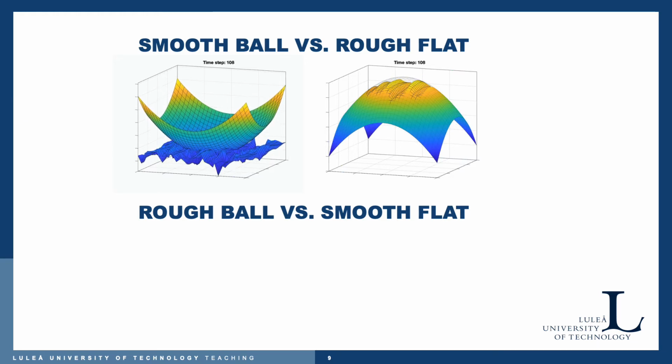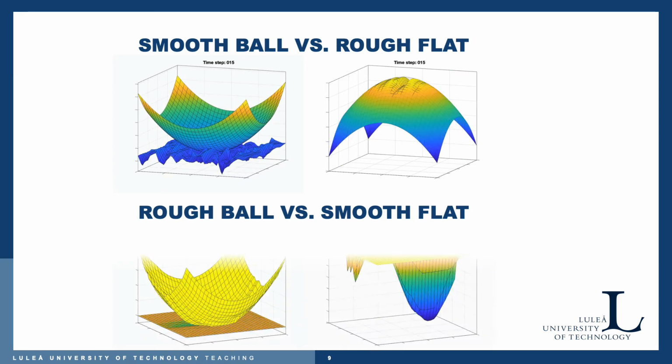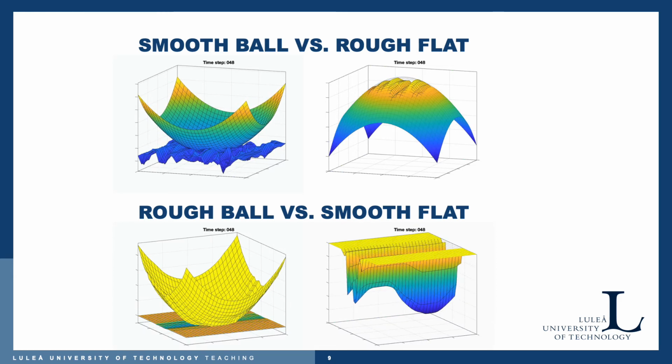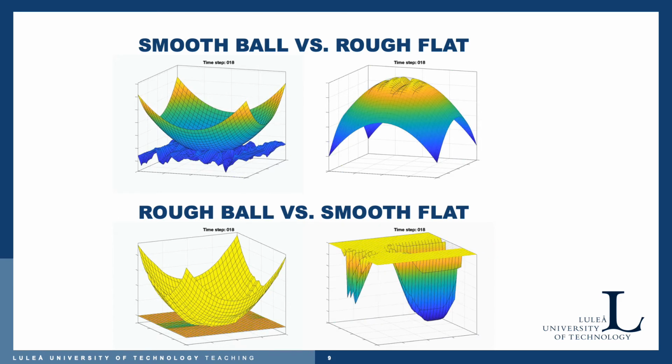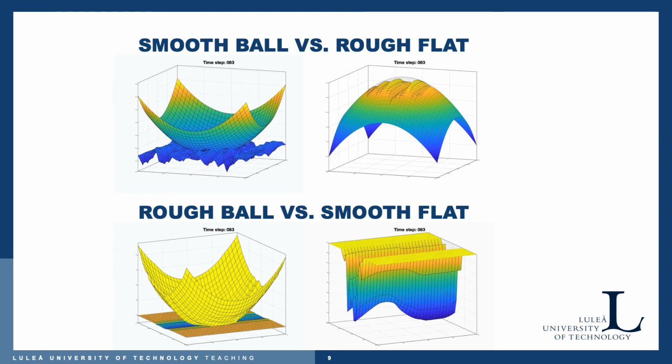If we do this for a smooth ball versus a rough, nominally flat, hard surface that we revolve in this manner periodically, and also we can have, as below, a rough ball against a smooth flat, then on the left we see the rough ball as it generates a deeper and deeper groove in the flat surface, and on the bottom right we see how this wear depth is actually increasing with the passages.